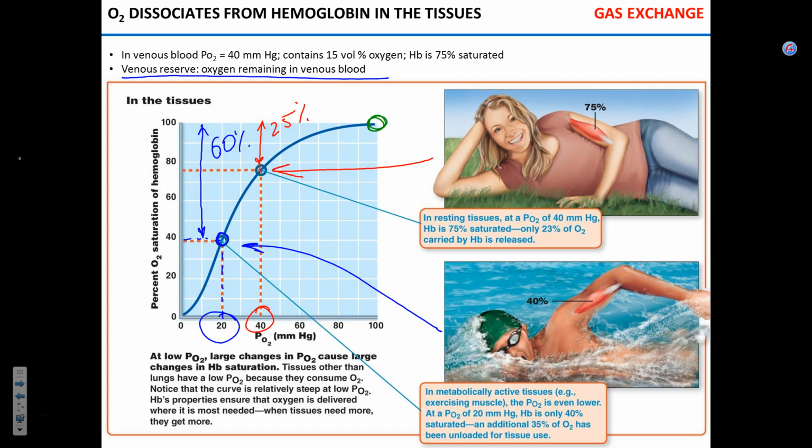So that's Joe. And Joe circulates, and how many oxygen molecules does Joe carry? 4, right? When Joe gets to the tissues, how many molecules of oxygen does it give away? Just 1. And then it returns back to the lungs.